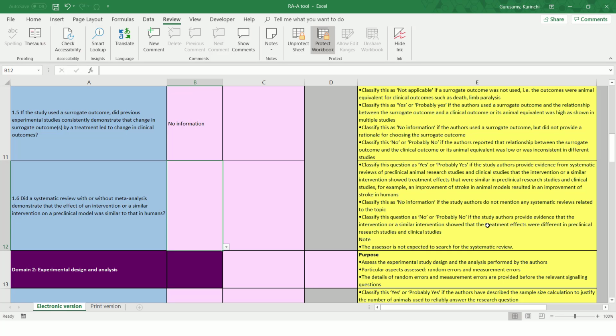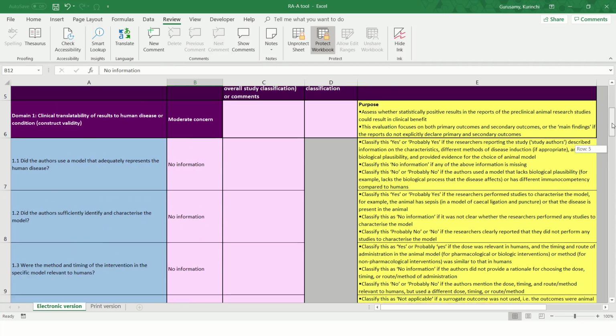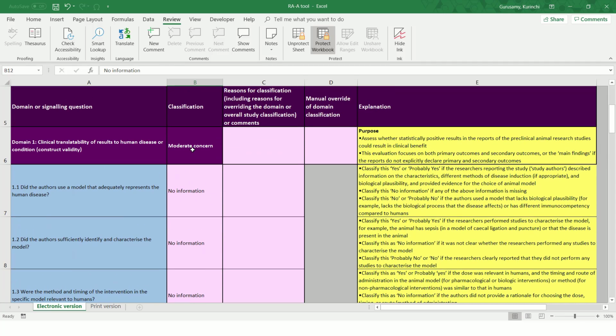Classify this question as no or probably no if the study authors provide evidence, and that evidence is actually showing the opposite. No, we don't have any information. Okay, so that's what we have done. So once all the questions are completed, the classification will be completed automatically.